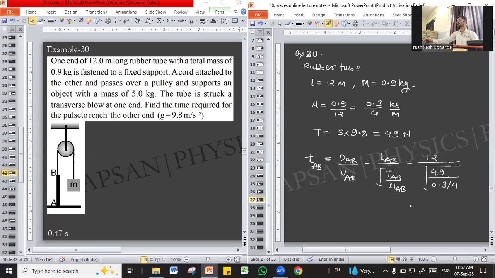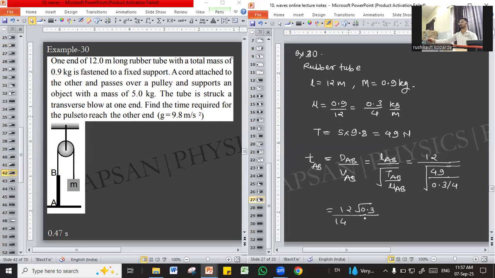So 49 into 4 is 196. Outside square root it will be 14. And this 1 by root 3 in the numerator, it will be root 3 or root 0.3. Something like this. What is root of 0.3?